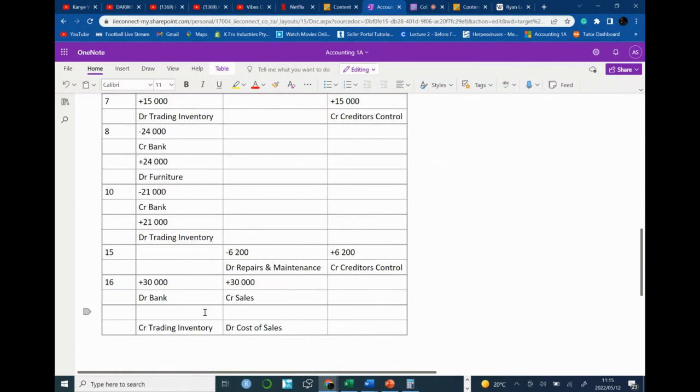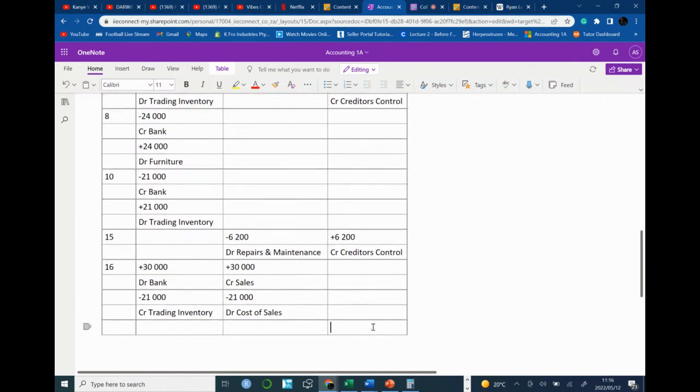They said this was bought on the 10th. On the 10th, we bought goods for 21,000, and we have recorded that transaction there.